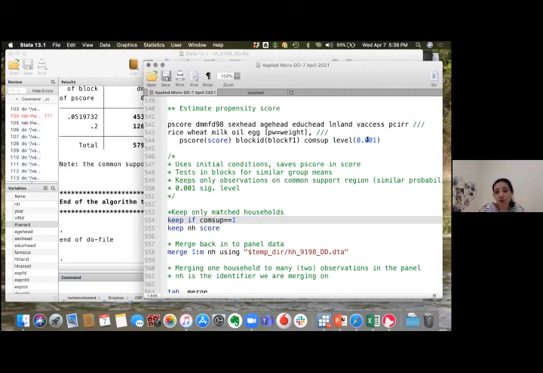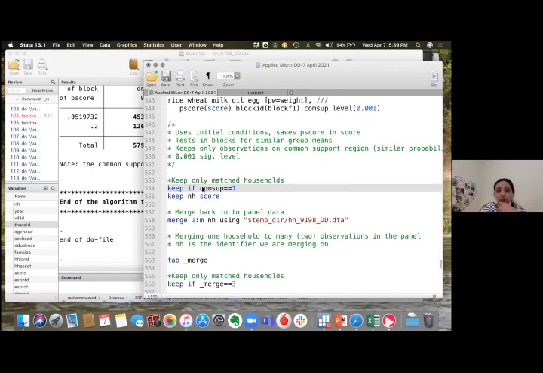And you can see that here also I am using the closest neighbor, and I am using, I forgot its name, the maximum value, the radius, or the maximum value 0.001. So I will keep individuals who I am sure that they have a counterpart, who I can match with a counterpart who is not treated.